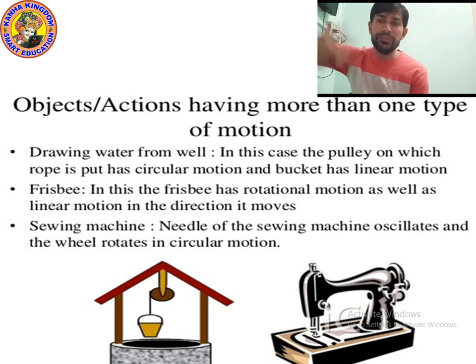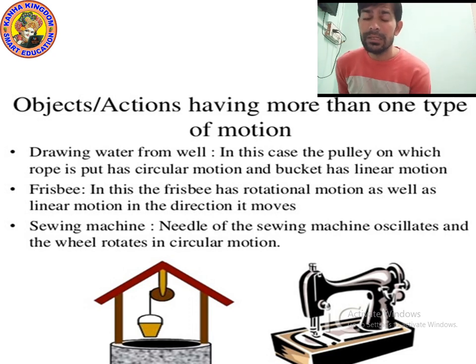The needle will go up and down, and the wheel attached with the handle will rotate. So the wheel is showing circular motion, or you can say rotatory motion, and the needle is showing oscillatory motion.